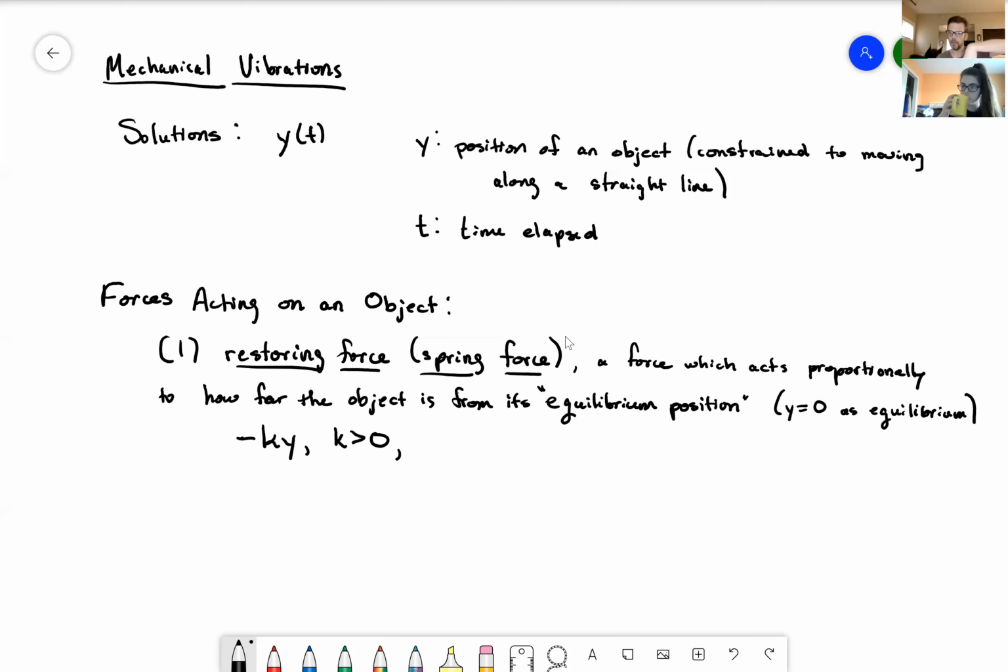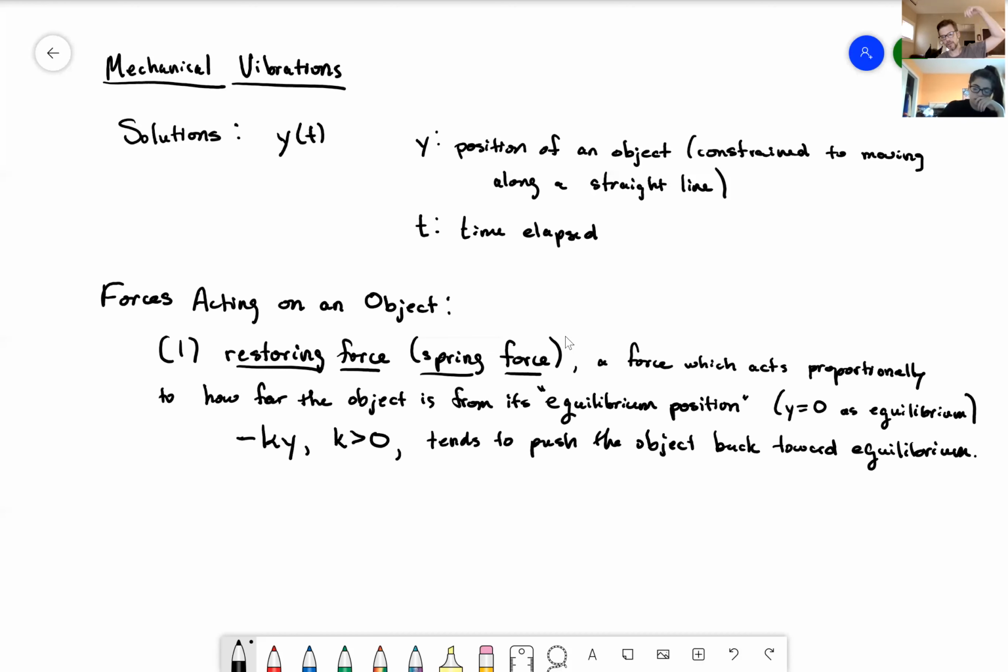And if we have a negative y, it's a force pushing it back up. So this force tends to push the object back toward equilibrium.